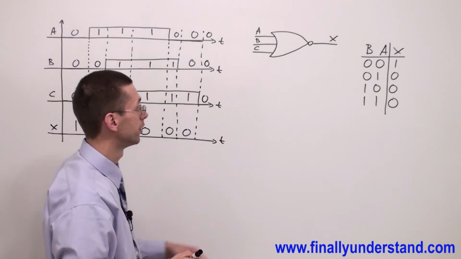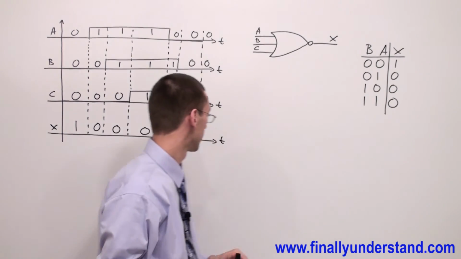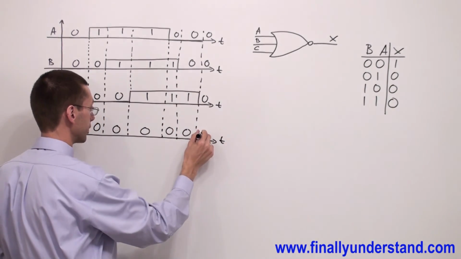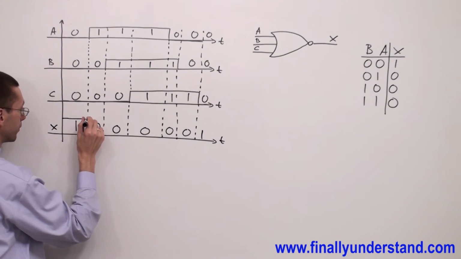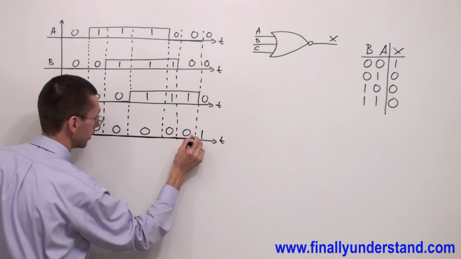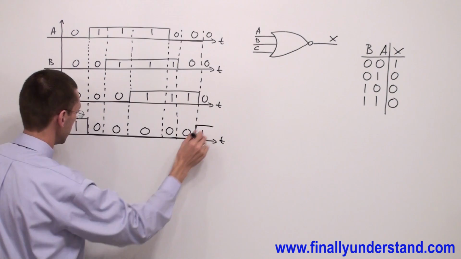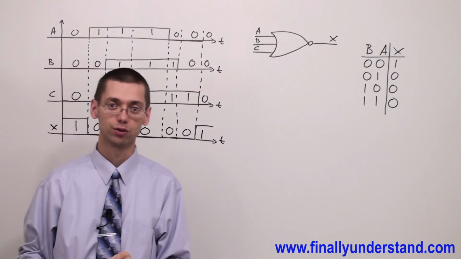When we have zeros at the inputs, output is going to be high. Now I can draw the output waveform. We have zeros over here, and we have 1 over here. And I can say that this output waveform is the solution to my problem.